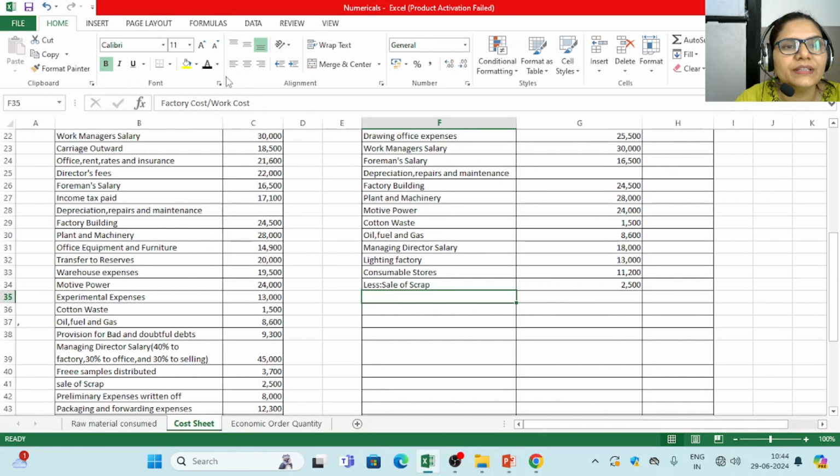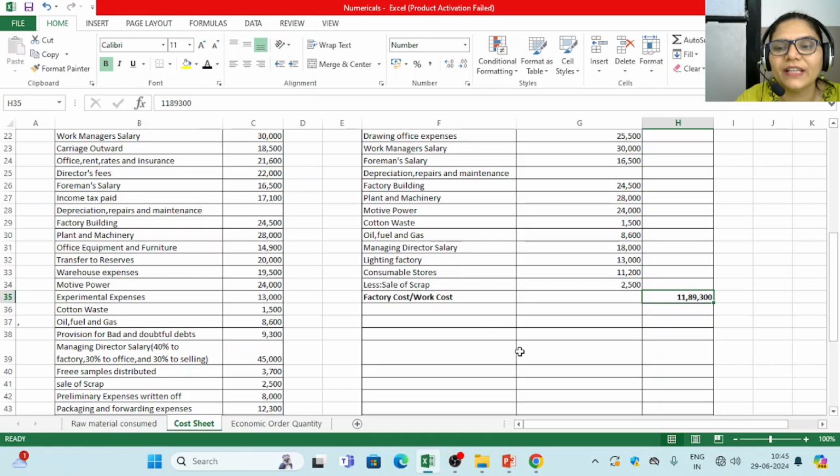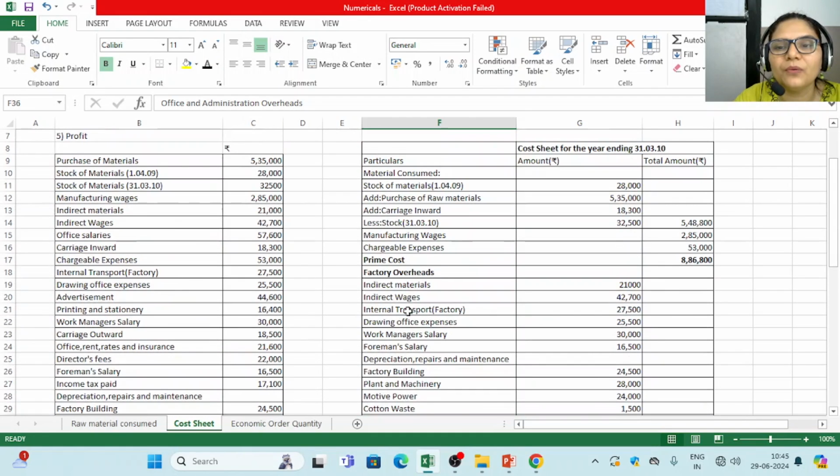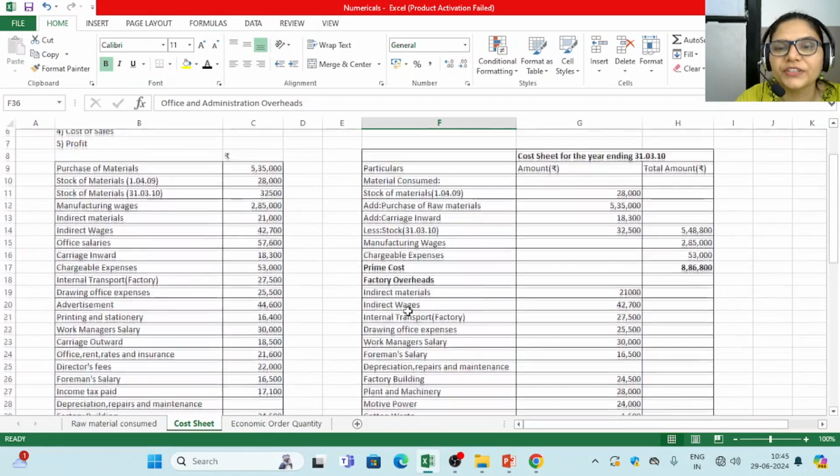And after doing these adjustments, we will finally arrive at a value of factory cost, which is rupees 11,89,300. So by now half the job of preparing a cost sheet is done.